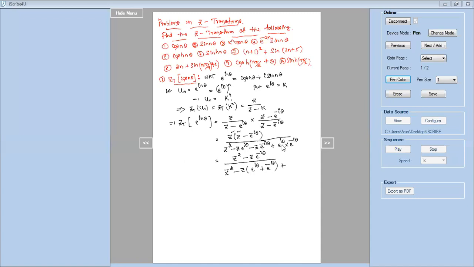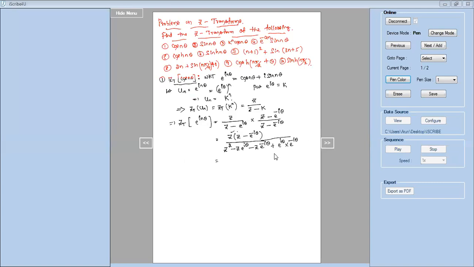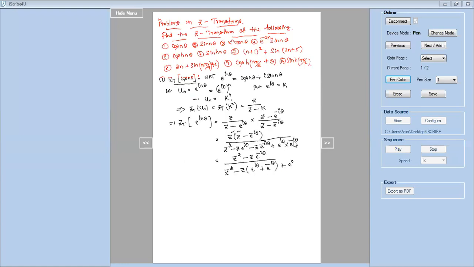See here the bases are same, you can add the powers. If I add the powers, plus I theta minus I theta gets cancelled. So it becomes e power 0, the last term. Right? Plus I theta minus I theta gets cancelled. Now there is a formula, e power I theta plus e power minus I theta.